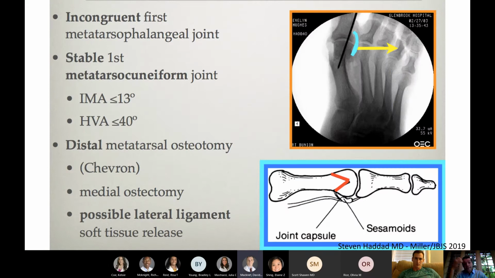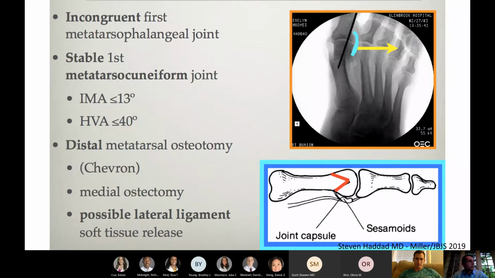If you have a classic adult bunion and you want to correct it, part of correcting that bunion is restoring a congruent joint, and you do that by associated soft tissue work. Usually that's imbrication of the medial capsule. That's traditional bunion surgery. We're starting to see that may not always be fully necessary unless there's a severe stiff deformity. If they're flexible, it may not be needed, but traditionally you need that lateral ligament release and medial capsular imbrication.